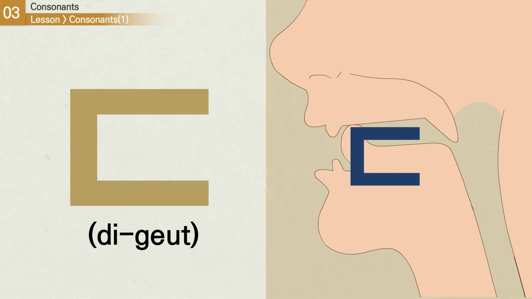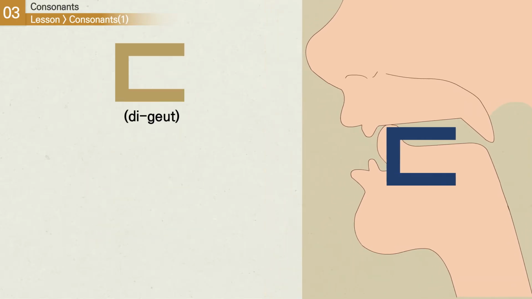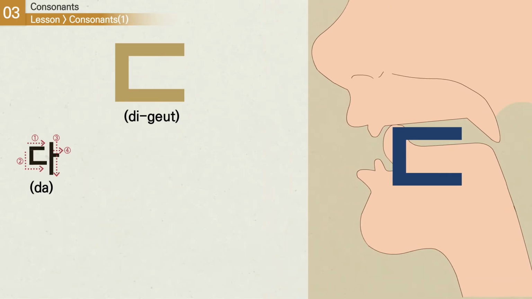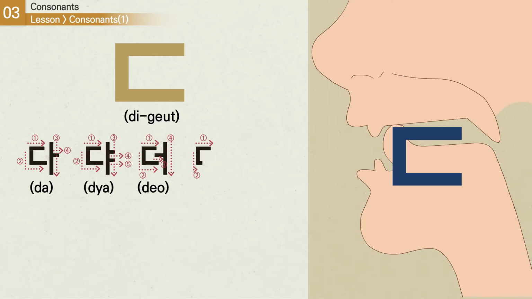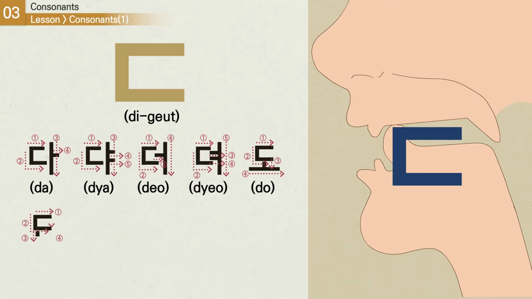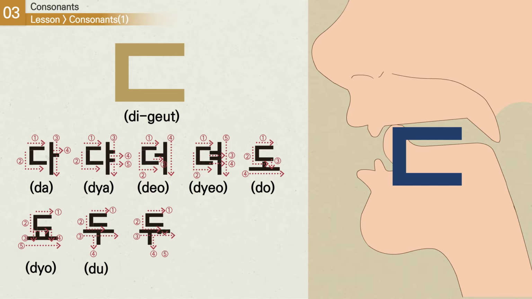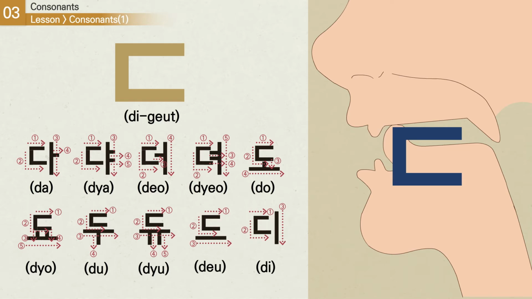Also, while niun is a nasal sound, tigut is not. Listen carefully. 타, 탸, 터, 텨, 토, 툐, 투, 튜, 트, 티.